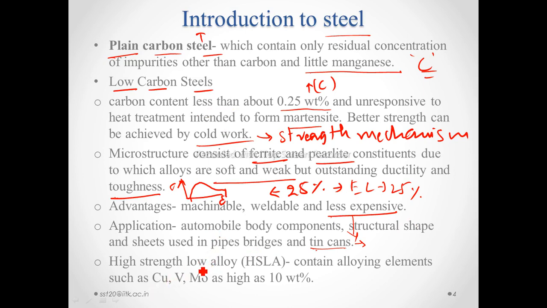When we add a very small quantity of alloying elements such as copper, vanadium and molybdenum, about 10 weight percent at most, there is a drastic change in the mechanical properties. The strength is enhanced compared to that of low carbon steel. The tensile strength increases to above 480 megapascal.